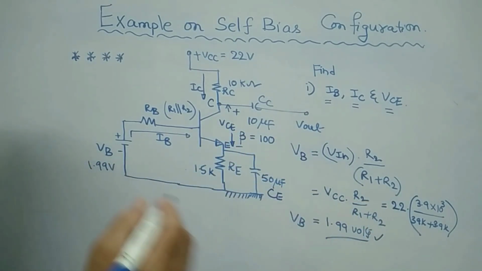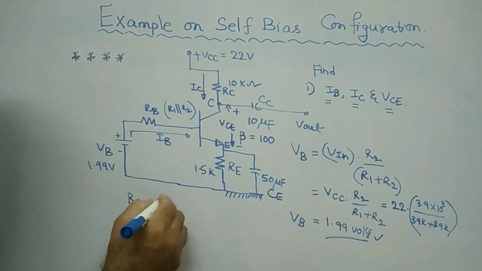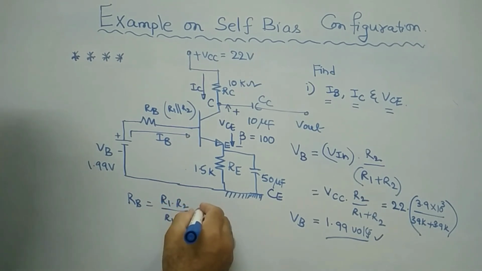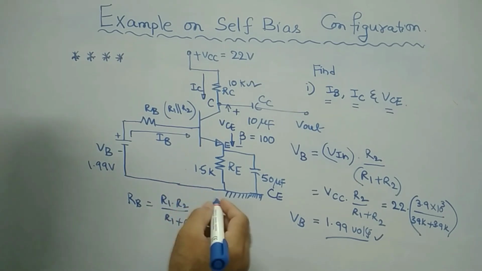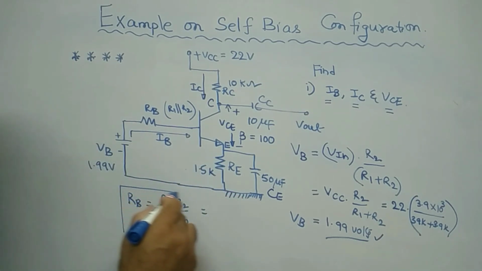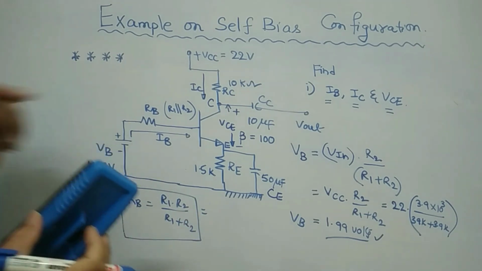So RB is equal to R1 R2 by R1 plus R2. You can substitute that in your calculator and arrive at the value. This is the formula you should use, R1 R2 by R1 plus R2, which gives your RB.